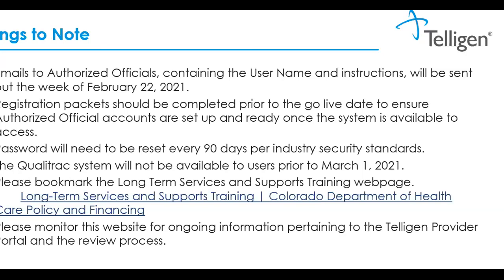The system will send an email to the email address that is associated with the username that you entered, and that will contain your reset password link. So it's a pretty easy process to follow. You don't have to come to Telegen to get your password reset, or go back to the authorized official or anything like that. Everybody can reset their passwords whenever, but once that 90-day window passes, the system will let you know that it's forcing you to reset your password.